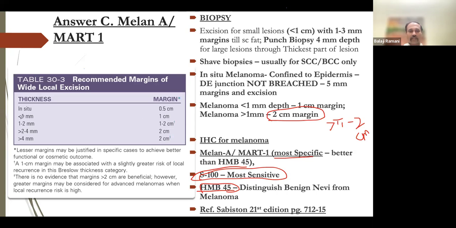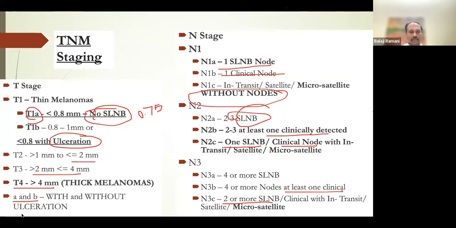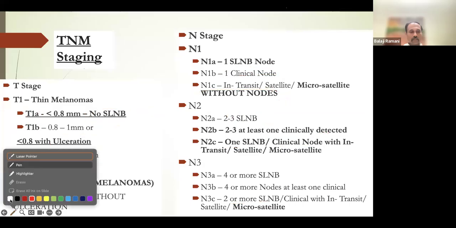Now, if you have a thin melanoma, then the margin can be 1 centimeter. Okay, so if you look at, let's go back here, with the annotations, when we have it here.